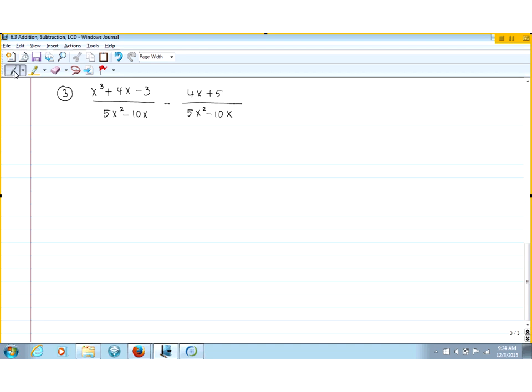So what we will have on top? X cubed minus 8. So is x cubed minus 8 factorable? Yes. So this is the difference of 2 perfect cubes.